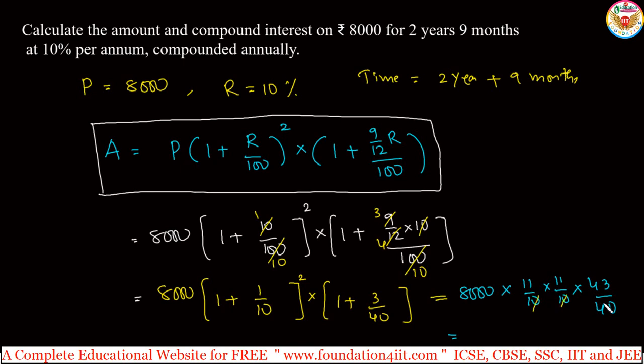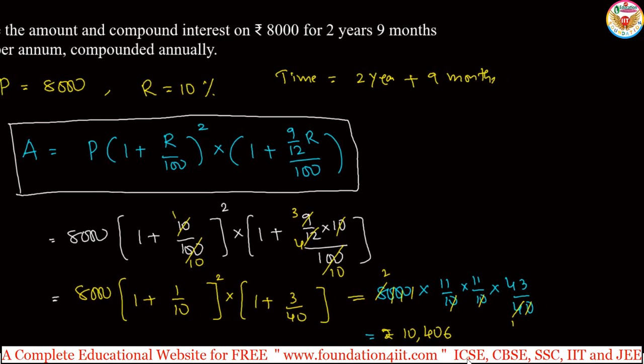If you simplify, here is the final answer. Three zeros we can cancel; 4 ones are 4, 4 twos are 2, into 11 into 11 into 43. 11 times 11 is 121, into 2 into 43. Finally you get rupees 10,406. This is the amount.